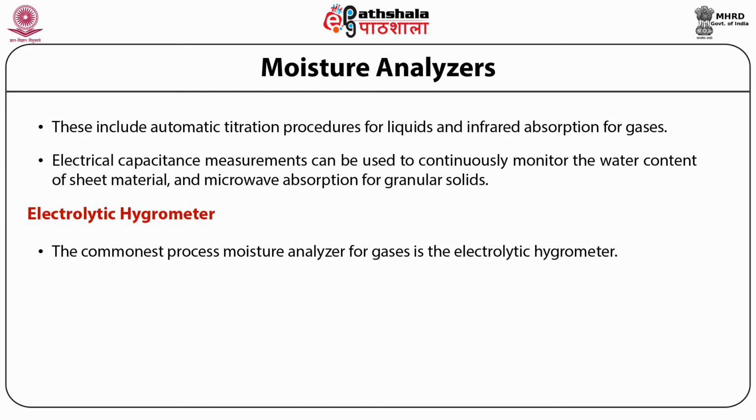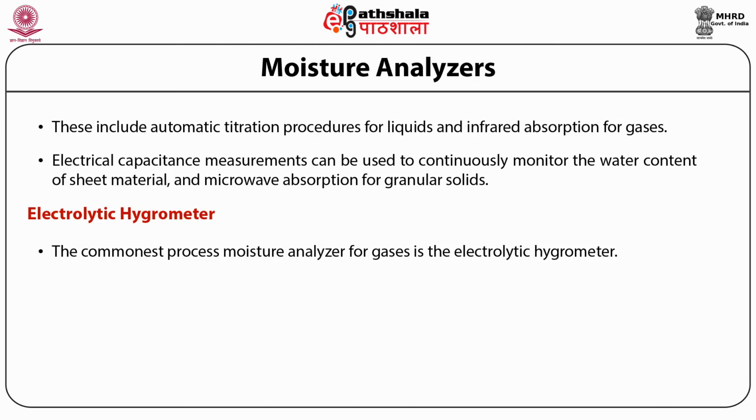The commonest moisture analyzer for gases is the electrolytic hygrometer. In this instrument, there is an electrolytic cell which consists of two closely spaced platinum or rhodium wires, approximately 0.3 mm apart, wound on a cylindrical former and coated with a film of phosphorus pentoxide. This film absorbs water from the gas sample, and the absorbed water is continuously electrolyzed by a DC voltage applied between the two wires.